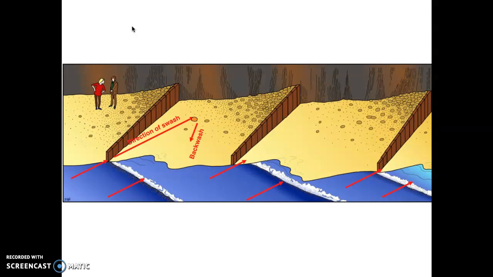Backwash and gravity cause that material to go back down the beach in a straight line with the backwash. Then the same material gets hit by the next wave, which carries it up the beach at an angle in the same direction as the waves. And the backwash then brings it back down in a straight line.